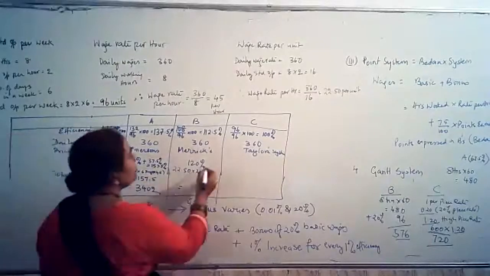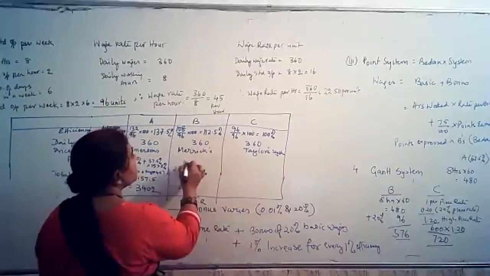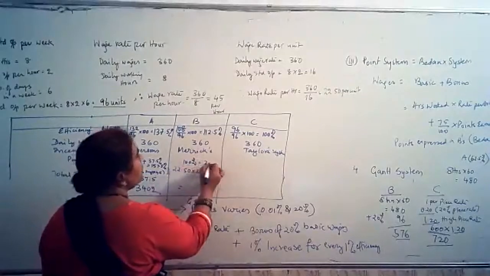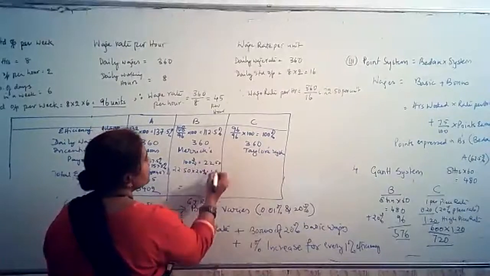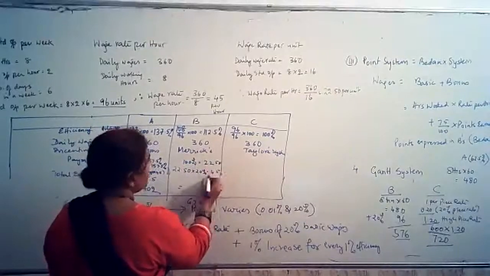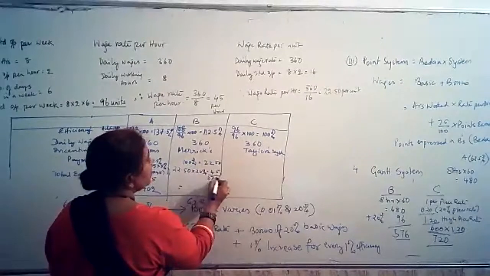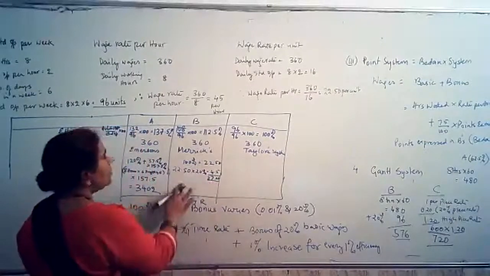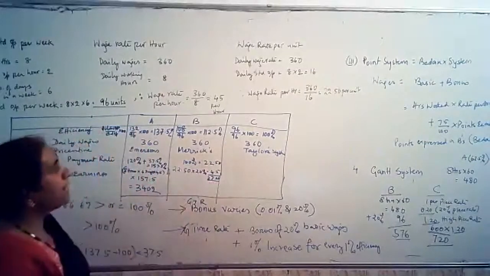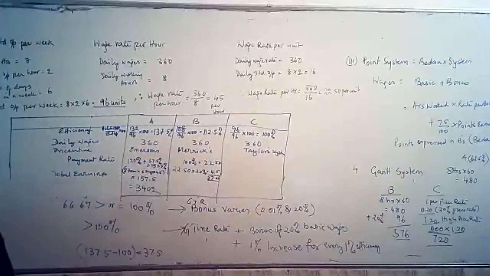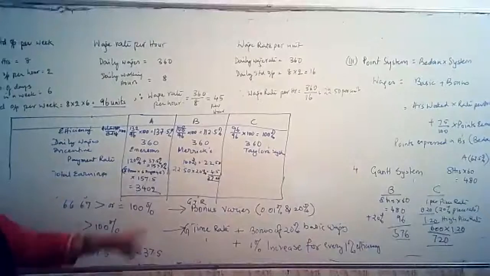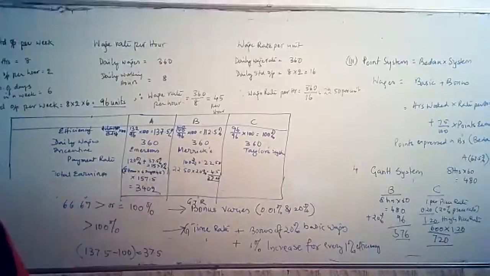So 100% is equal to 22 rupees, and 20% is 4 rupees 50 paise. Together it comes to 27 rupees. That is the new rate. In the Merrick system, he falls in the last category, wherein he will get 120% of the rate.